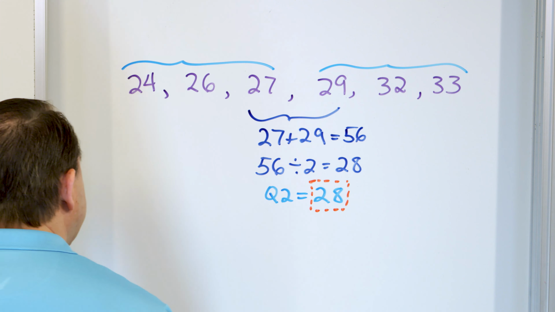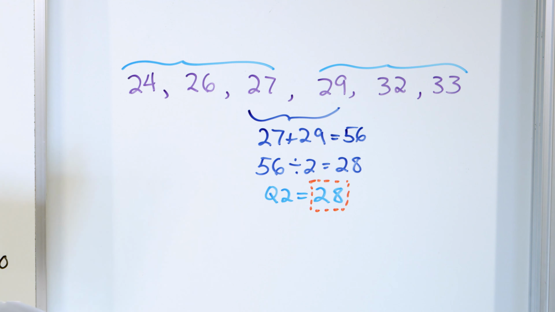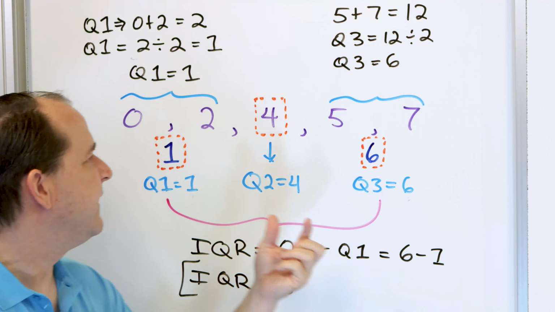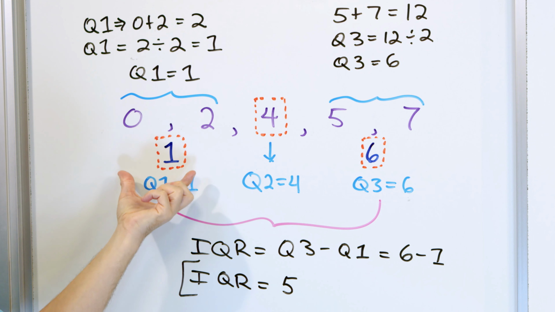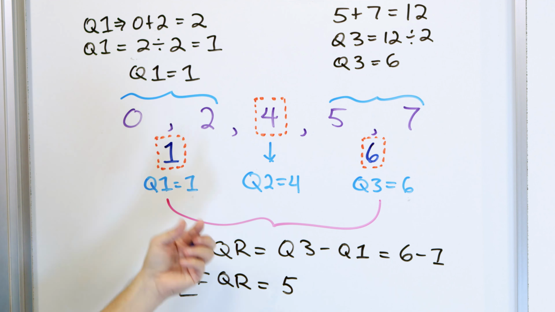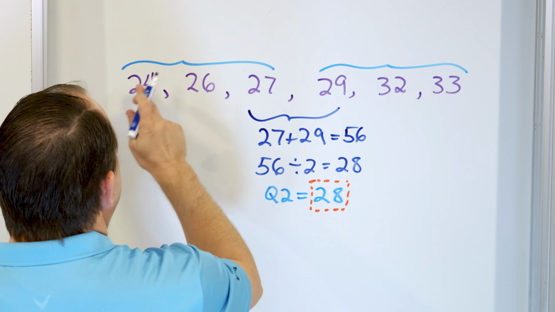Now, Q1 and Q3 are a little easier because we have 3 data points here, whereas before, when we were trying to do it with this data set, we had to average to find the lower median, Q1, and the upper median, Q3, because we only had 2 points here. But this one is a little easier because we have 3 numbers here.